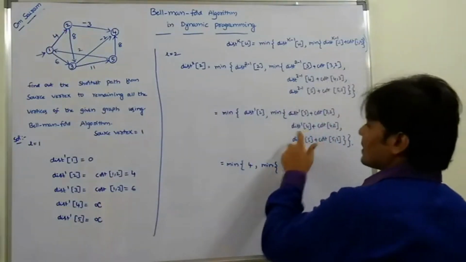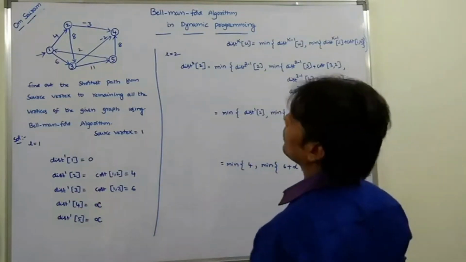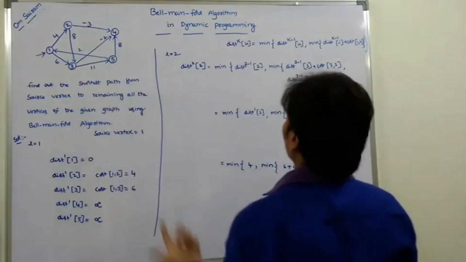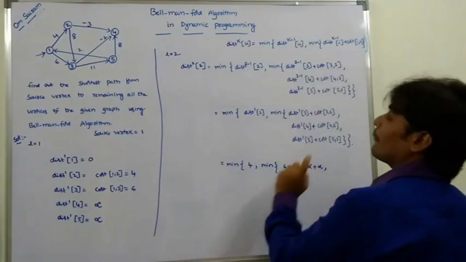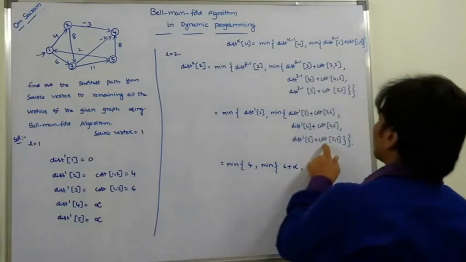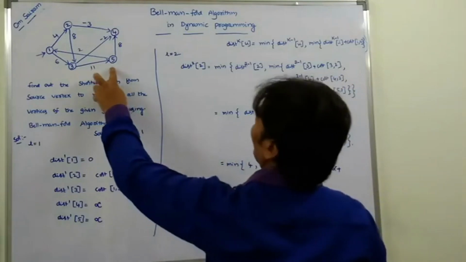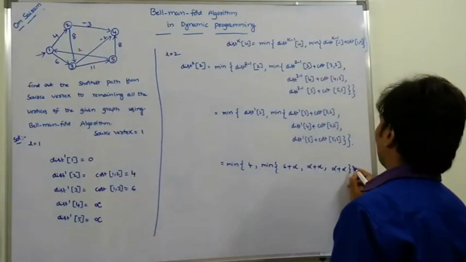Comma dist1 of 4 is infinity plus cost of 4 comma 2. For 4 comma 2, there is no weight, that is infinity, plus dist1 of 5, that is infinity, plus cost of 5 comma 2. For 5 comma 2, there is no edge, that is also infinity.